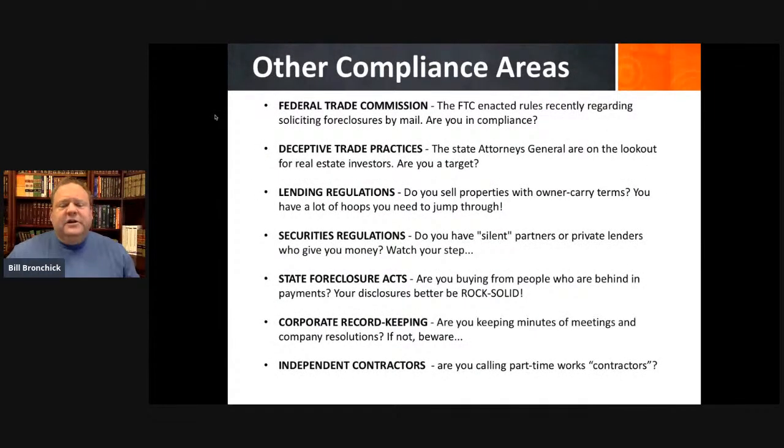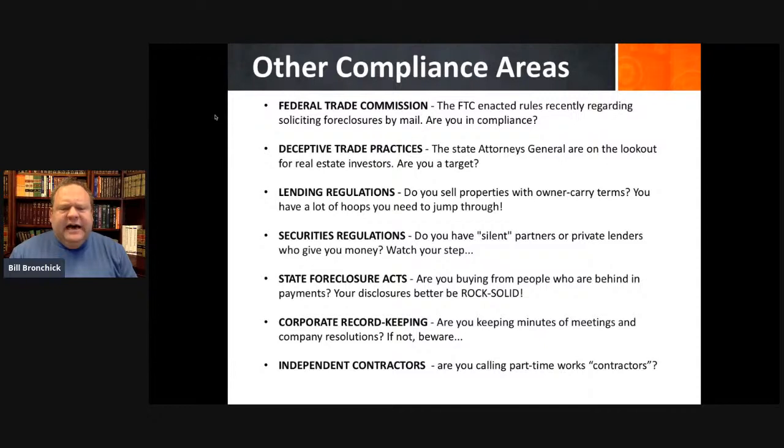Okay? Some other compliance areas, this applies to real estate investors in general. I'm just going to throw the kitchen sink at you. Federal Trade Commission. The Federal Trade Commission is regulating foreclosure mailings, deceptive trade practices. Attorneys general are always looking out for real estate investors and trying to make a case of deceptive trade practices. Lending regulations. Do you sell properties with owner carry terms?